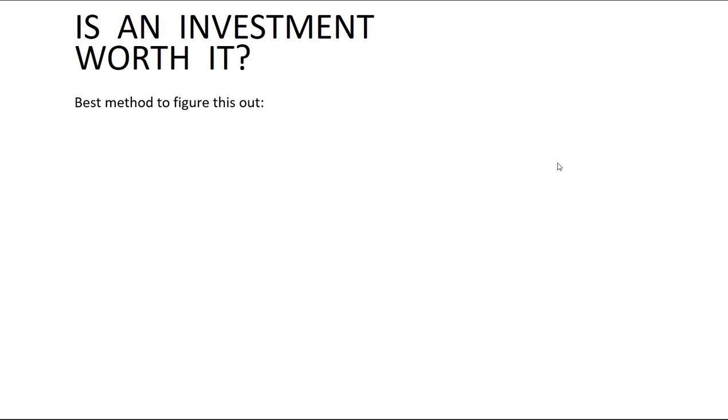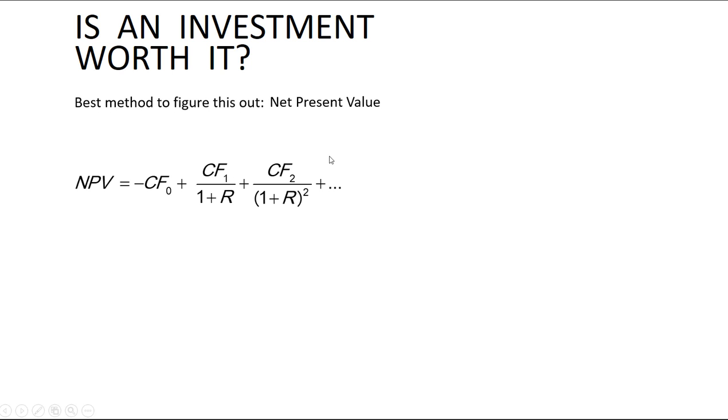So to answer this question, is an investment worth it? What is the best method to figure this out? The best method which we were using throughout many of our chapters in this class was the net present value, the NPV approach, which says the following.